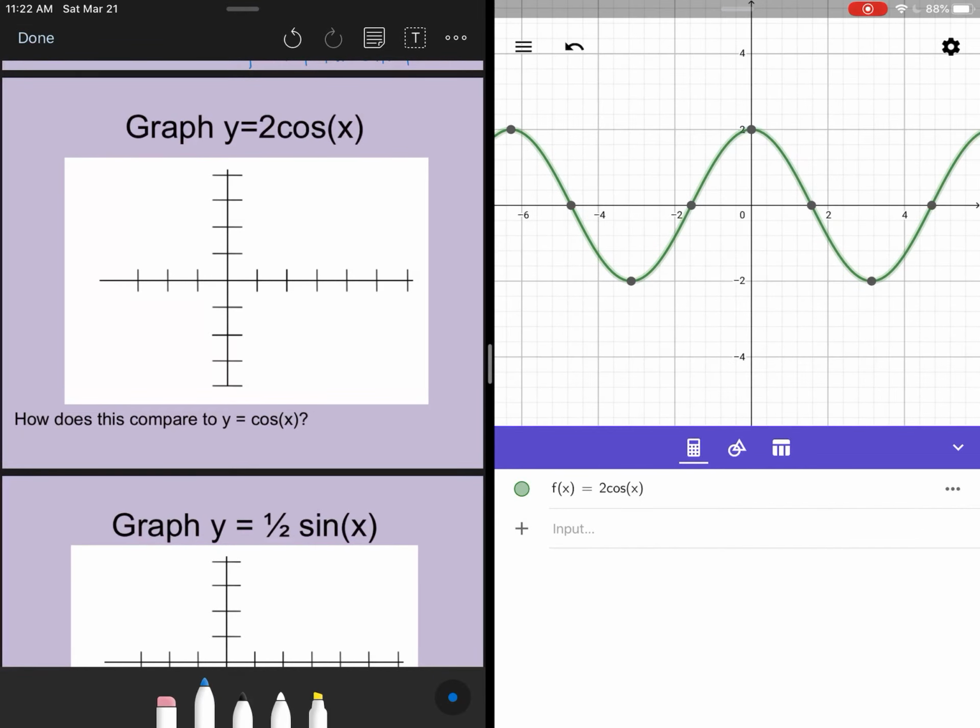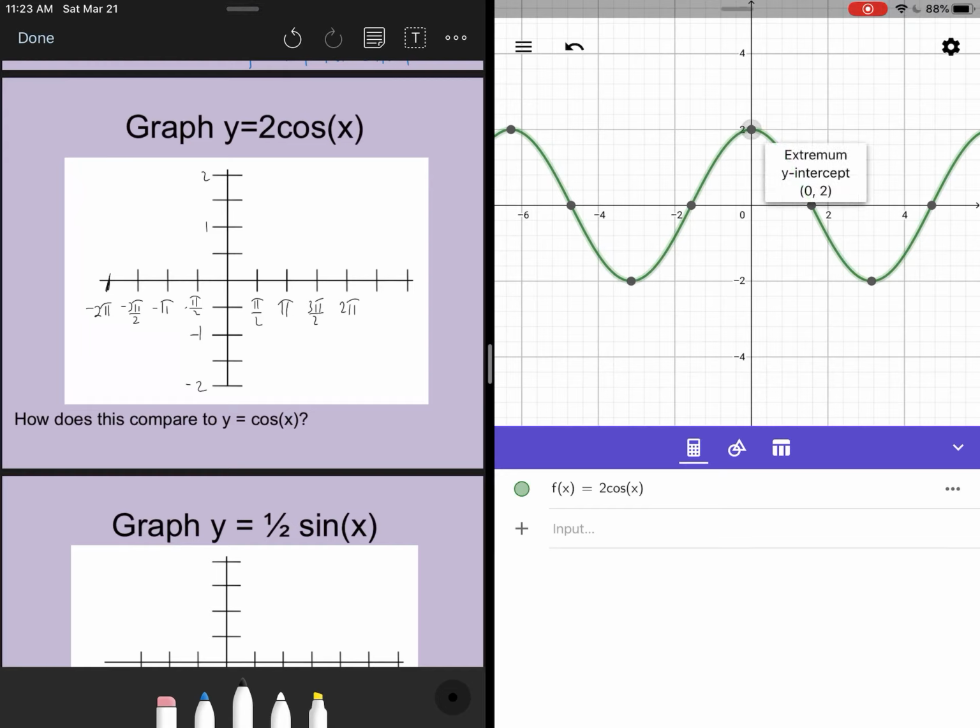Okay, that's what it should look like there. Let's graph these. Let's say this is 1 and 2, -1, -2, pi over 2, pi, 3 pi over 2, and 2 pi, and do the same thing in the other direction: -pi over 2, -pi, -3 pi over 2, and -2 pi.